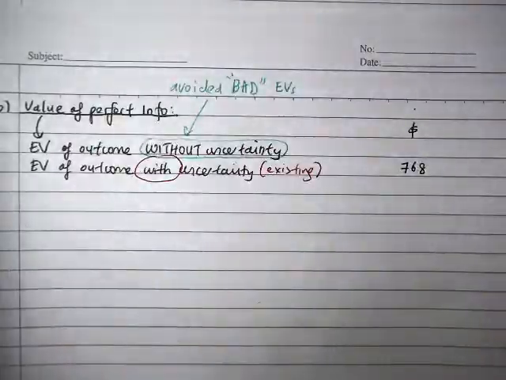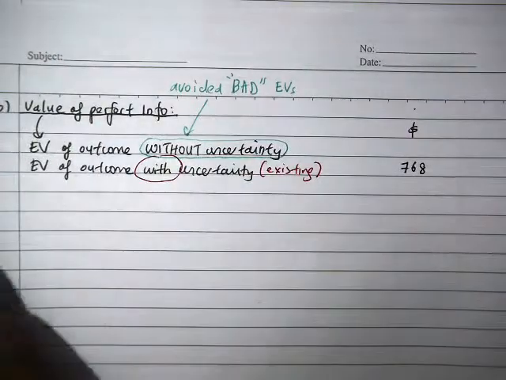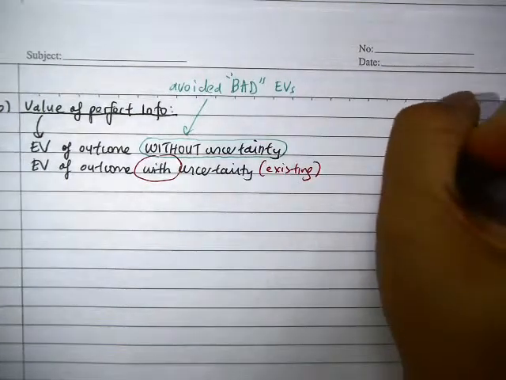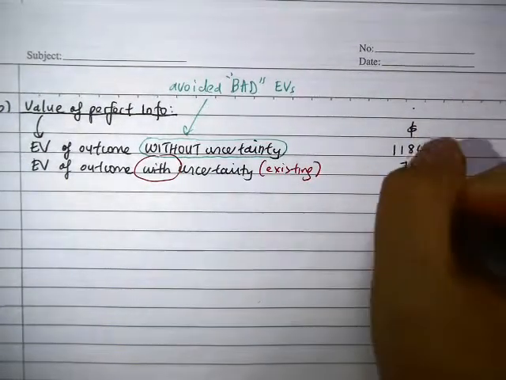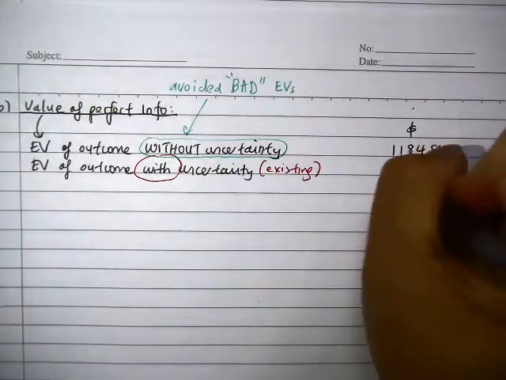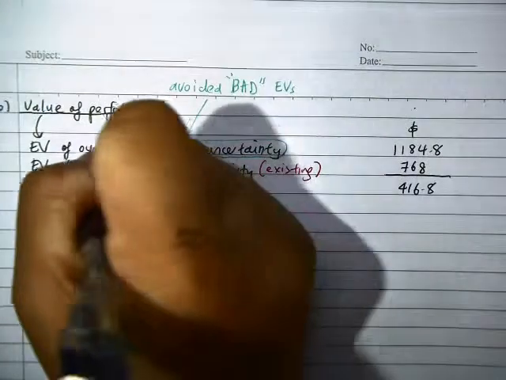Now if the 5 figures disappear, you will see your EV will increase back to 1184.8.